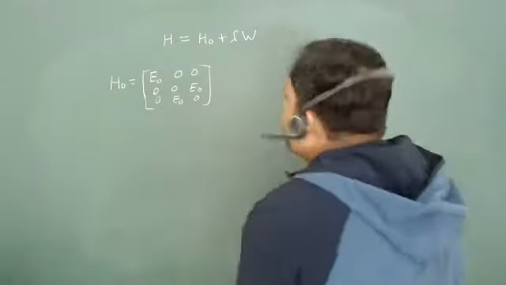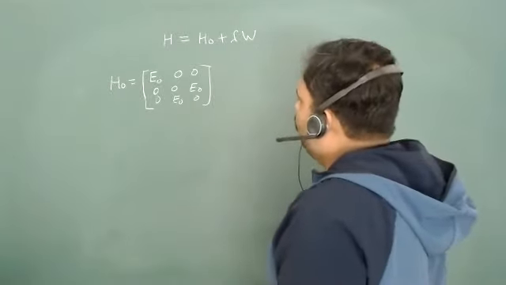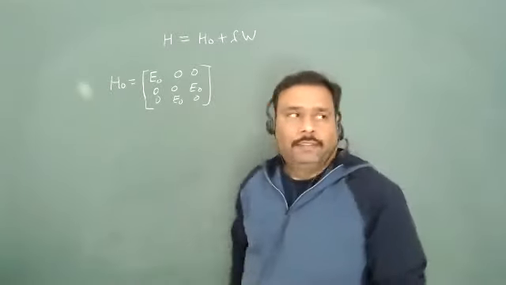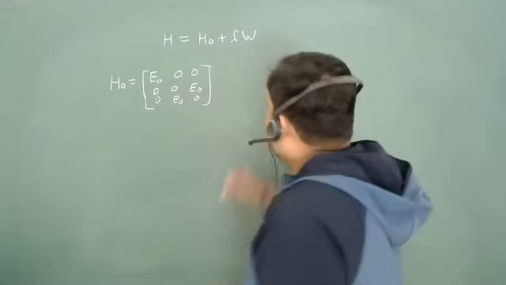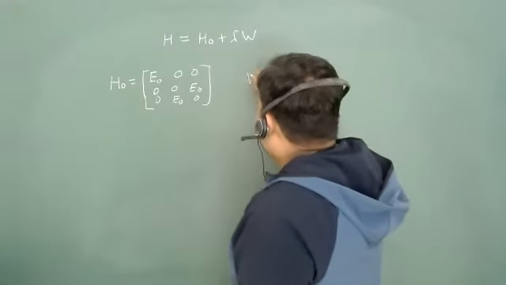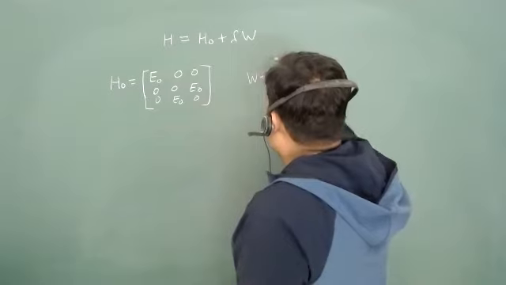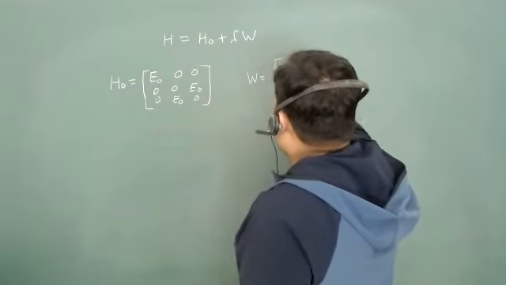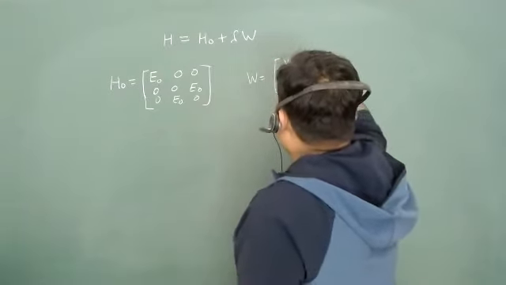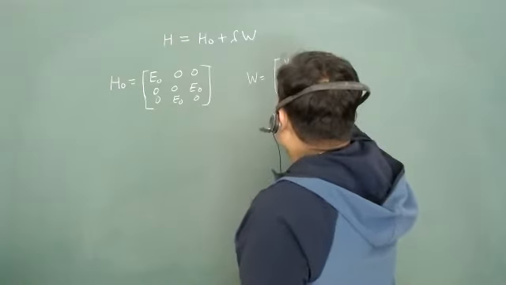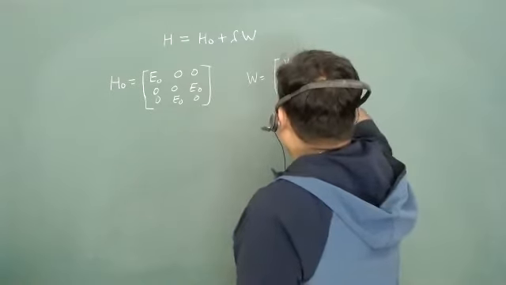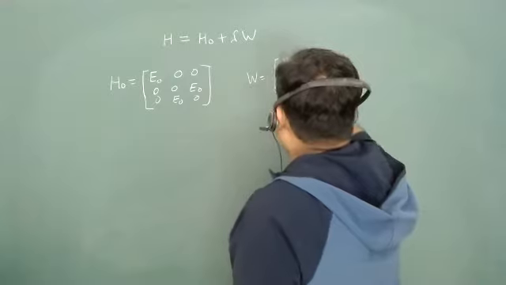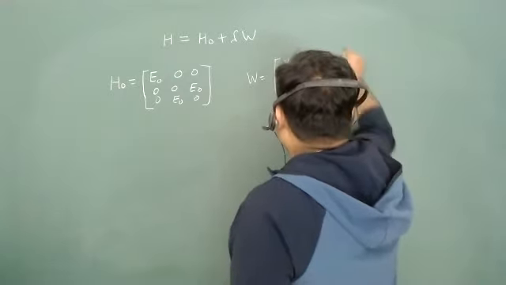Fortunately this is in block diagonal form, and this is my H naught, and let's say my W is something like V naught, 0, 0, 0, V naught, V naught, 0, V naught, V naught.